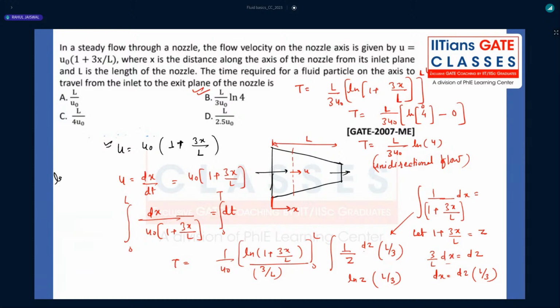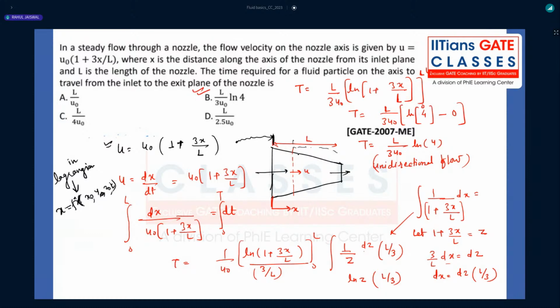Because in the Lagrangian description, you will require the history of the particle. That means x will be a function of x naught, y naught, z naught, and t. That means you require, from the inlet plane, the history of the particle as it travels to the exit plane, right?